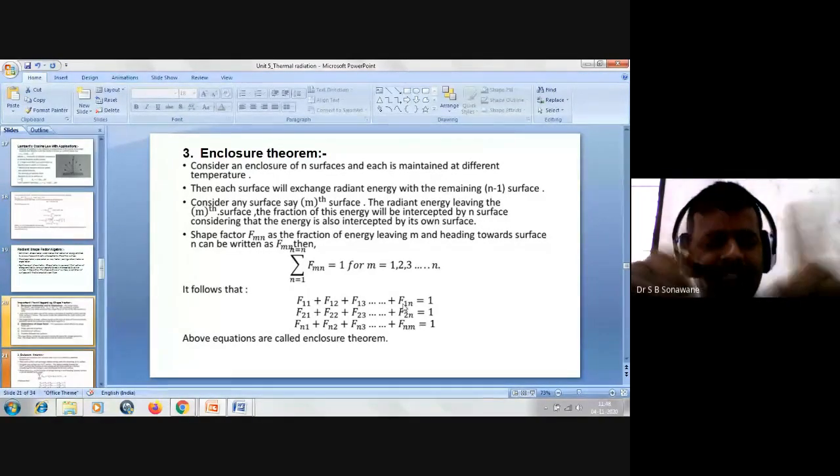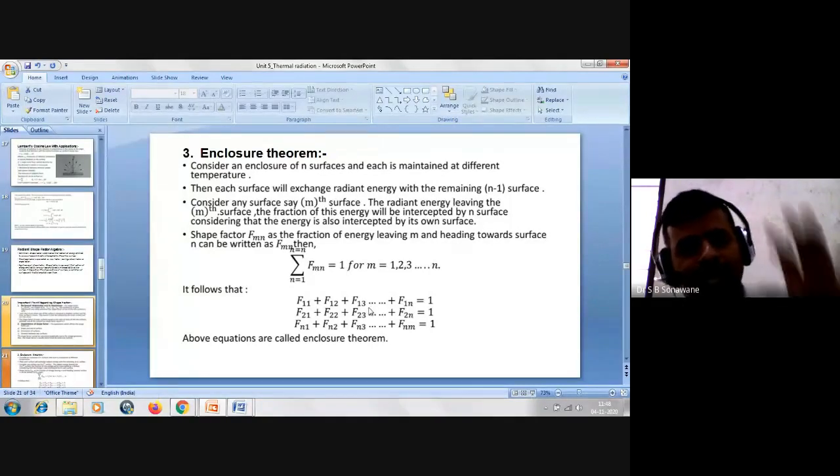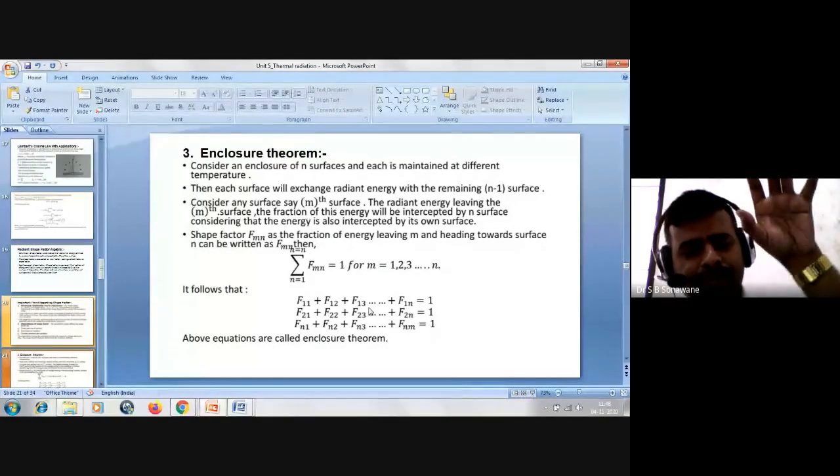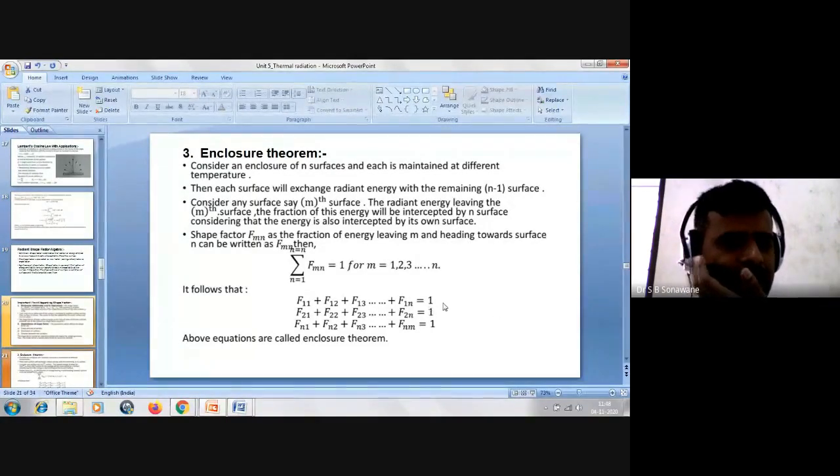The summation of Q2, Q3, Q4 is equal to Q1. If the numerator and denominator are equal, obviously it is equal to 1. Understood?